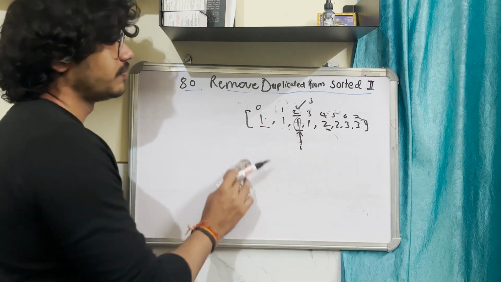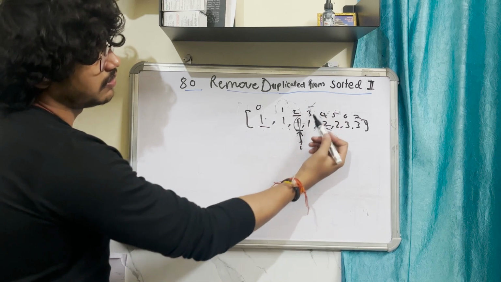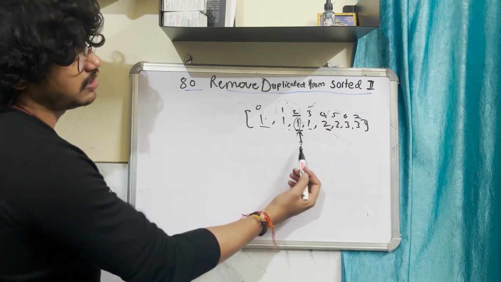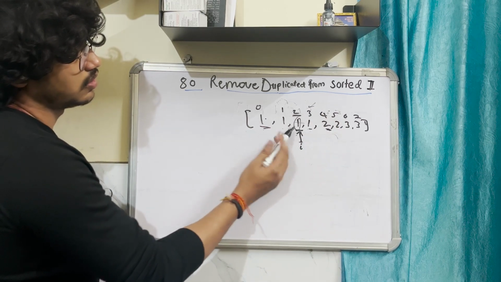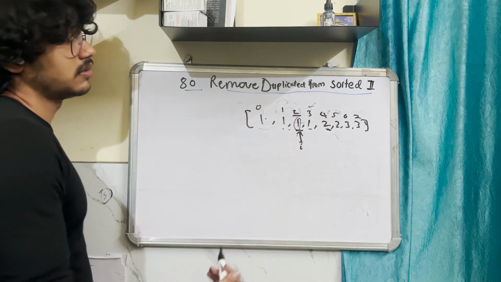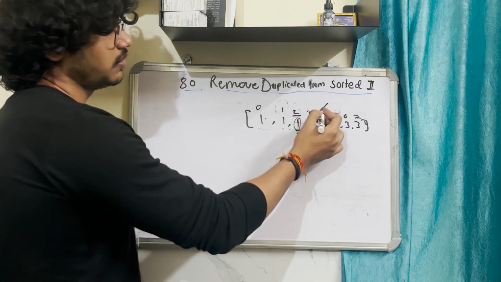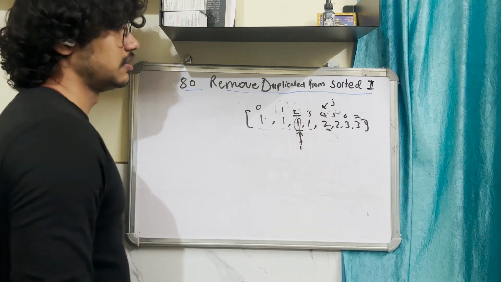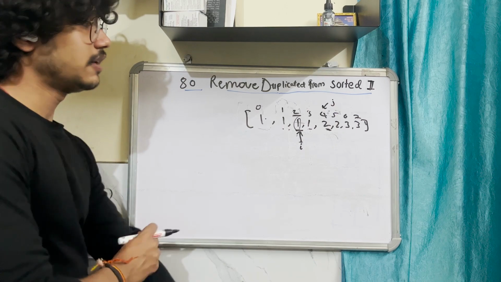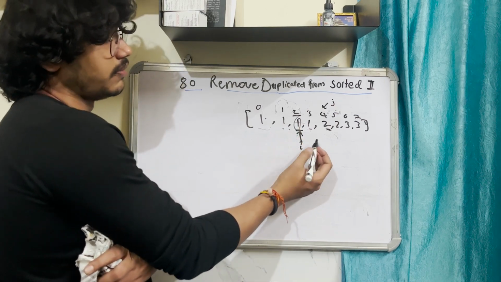So we want a new element, which in this case is 2, to be here. So we will come here and check if this is the same, and if so, we'll move to the next element. You came here, and you check whether you found a new element or not.